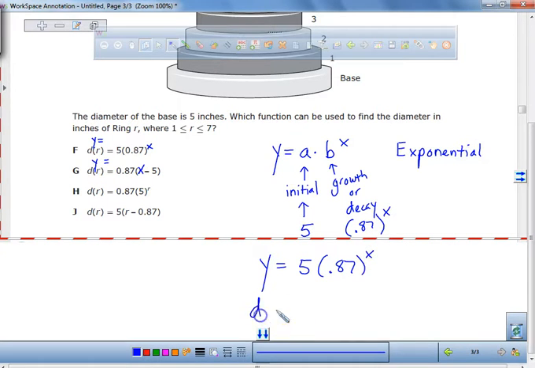Now, our answer is going to be answer choice F. So that gives us our initial diameter. It gives us our decay rate that matches it, and this is to the power of r. Now, let me show you how to plug this in the calculator so you know that F is the correct answer choice.